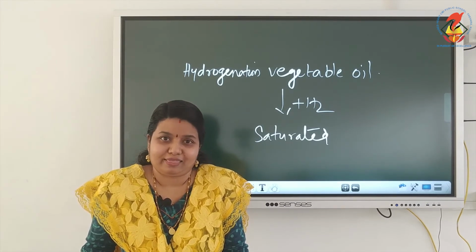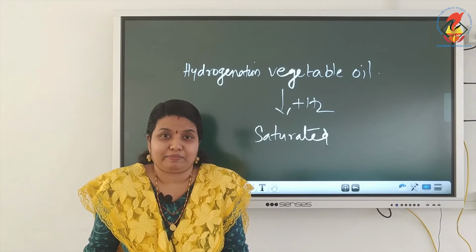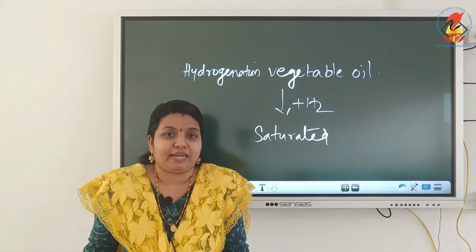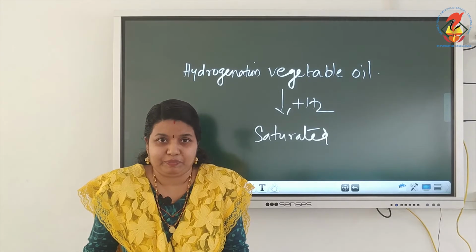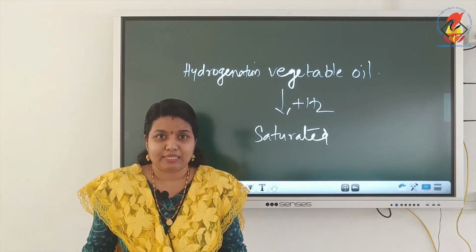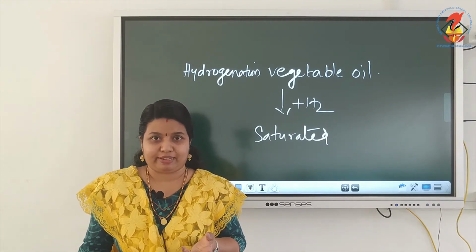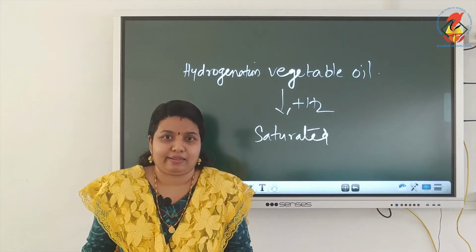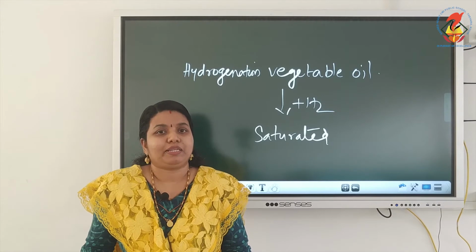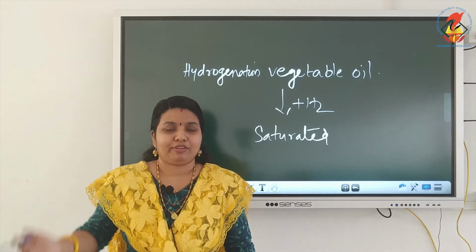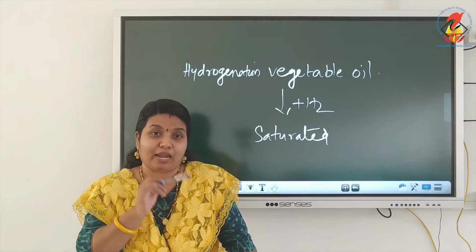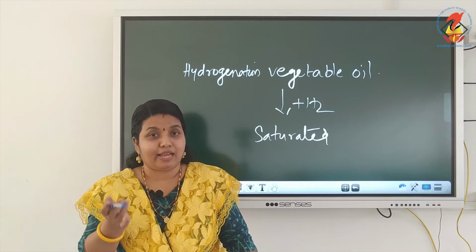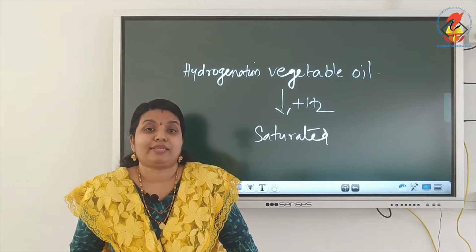Hydrogen is added to vegetable oils which contain unsaturated fats to convert them to saturated fats which are not good for our health. One such example is Dalda. You might have seen Dalda which is added to chapati, parota, etc. It is a substitute for ghee. Ghee is an animal fat. So, a vegetable substitute for ghee is Dalda. It is tastier, but it is not that healthy. A vegetable oil which contains unsaturated fat is hydrogenated and converted to saturated fat.